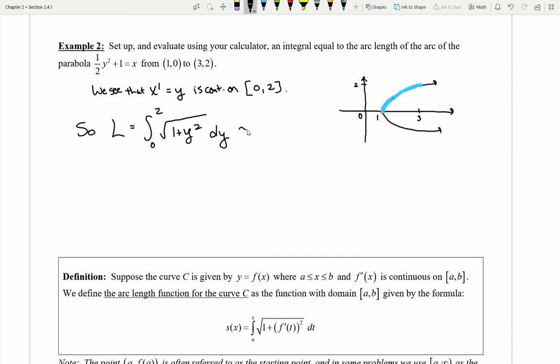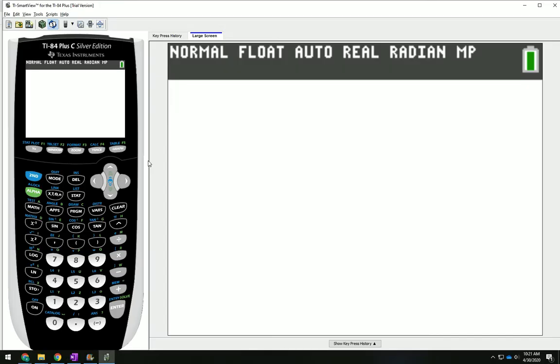For the time being, I'm just going to demonstrate how I can use my calculator to evaluate this. Really quickly, if I switch over to a calculator here, some of you may already be aware of some of these button pushes, but just in case you aren't, this is how I would use my calculator to perform these evaluations.